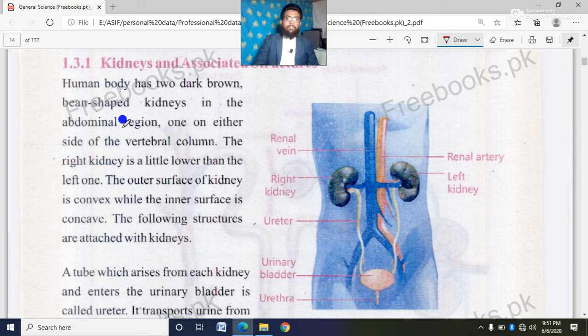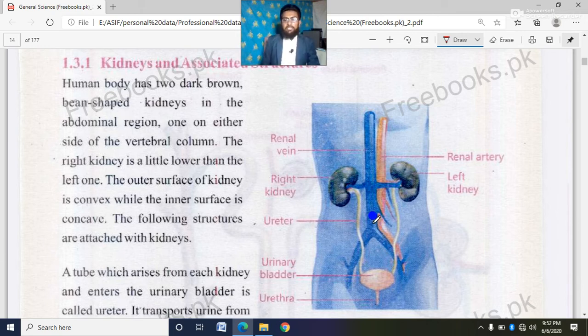Dear cadets, one kidney is present on one side of our vertebral column, and the second kidney is present on the other side. It means one kidney is at the right side of our vertebral column, and the second is at the left side.